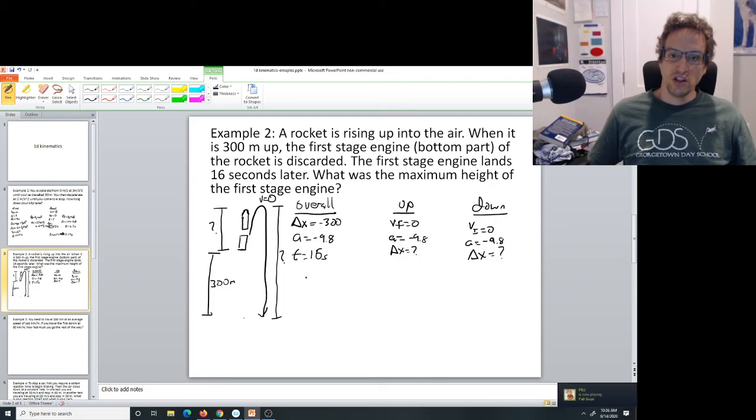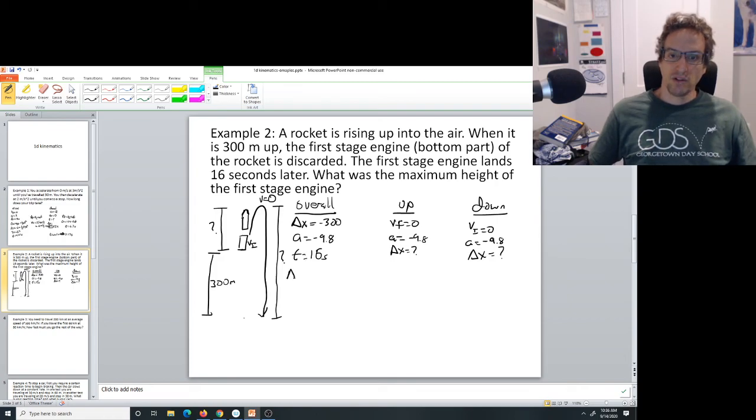Well, one thing I can do is find v initial for the overall part, because the initial velocity for the overall part is the velocity happening right here, and that's also the v initial for the upward part of the way it travels.